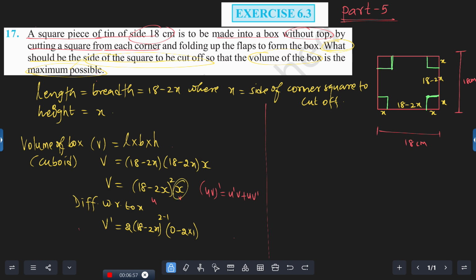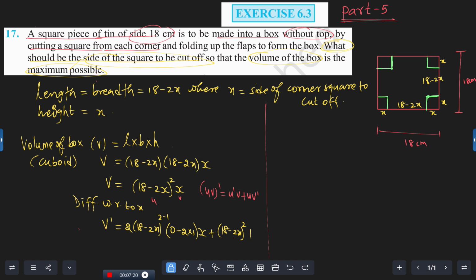V means just x. Plus now U into V dash. U means 18 minus 2x whole square into V dash. x when you differentiate gives 1. Now you simplify this carefully. Here we have minus 2x outside, 1 2 also, then minus 4x.